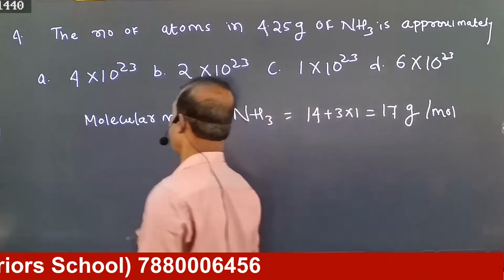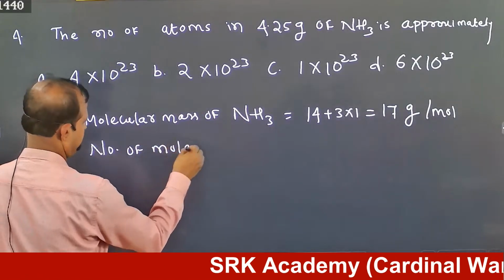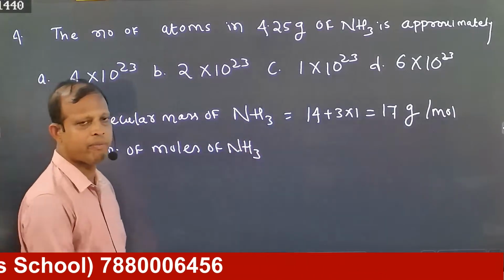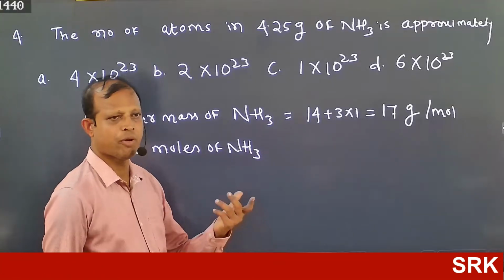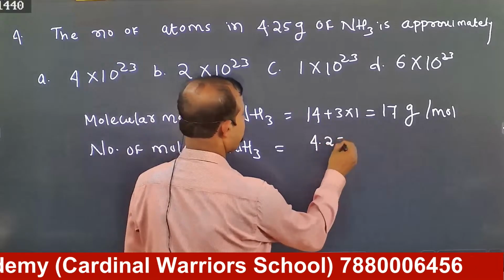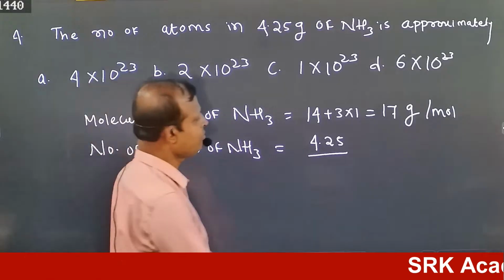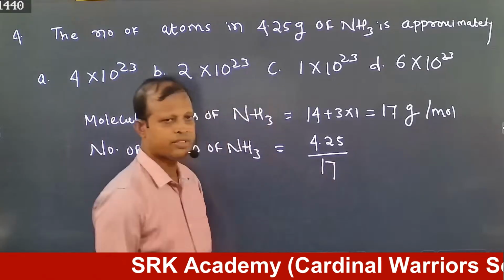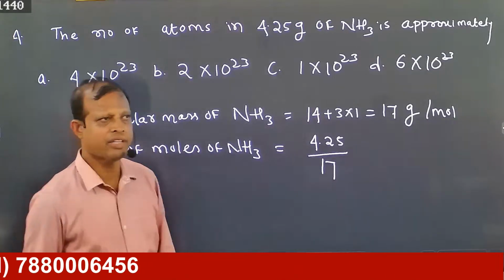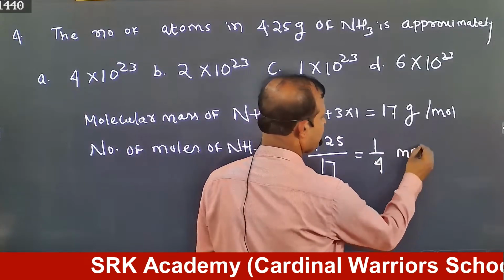So number of moles of ammonia is the given mass 4.25 divided by the molecular mass 17. 4.25 divided by 17 becomes 1 upon 4 mole.